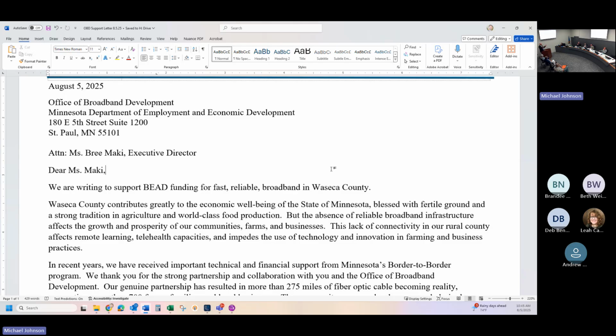In other words, wireless technologies, satellites. But in the state of Minnesota, we've really advocated for fixed wireless, just exactly as you see with BevCon.